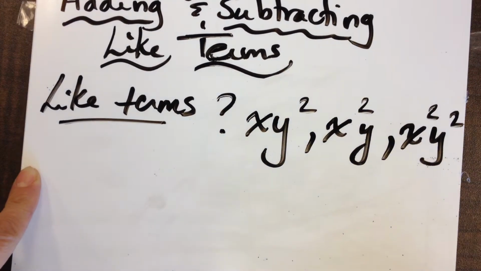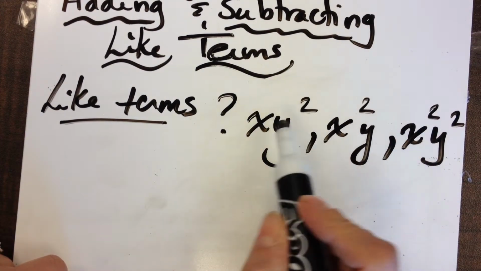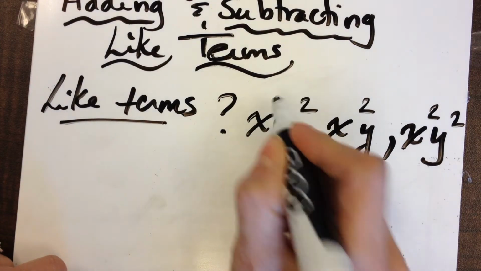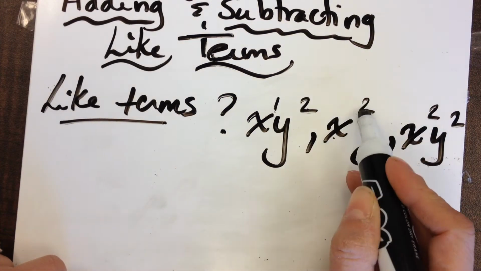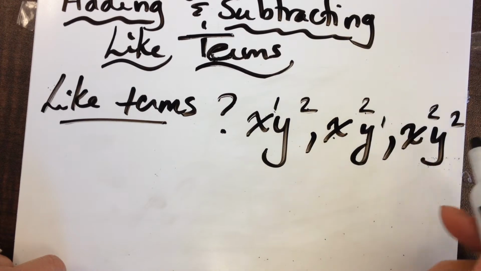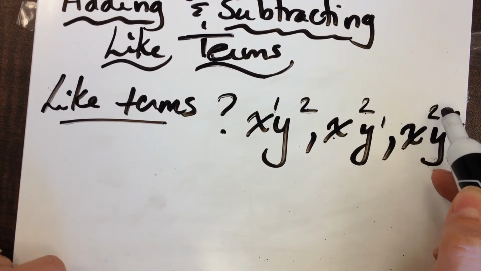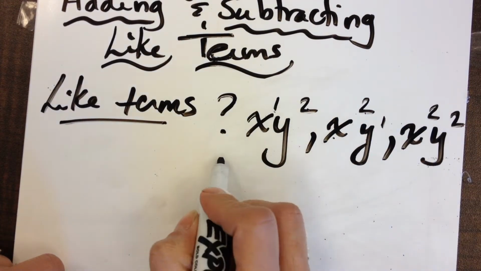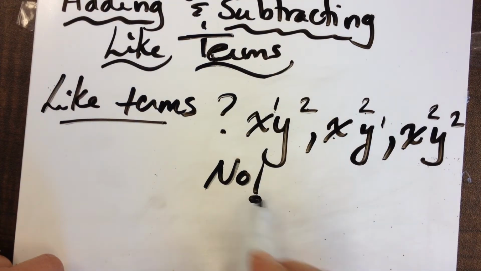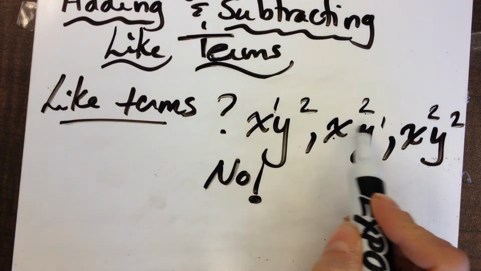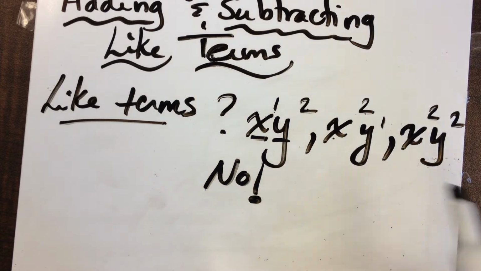They don't sound the same. The exponent here is a 1, and here it's a 2. Here the x has a 2, and this one has a 1. And here they both have exponent 2. So no, these ones are not from the same family. The exponents are different. Yes, this is an x, this is a y, but the exponents don't match up.